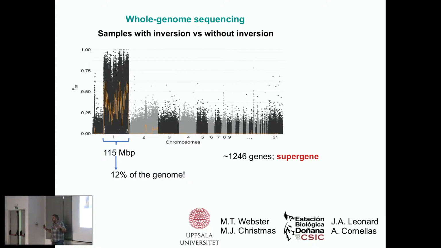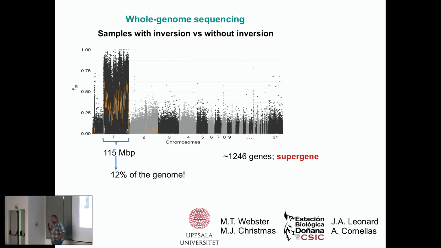Now that we have the genome sequence, we can measure how big that is. 115 million base pairs. And this is about 12% of the genome, and we know now that it includes more than 1,200 genes.